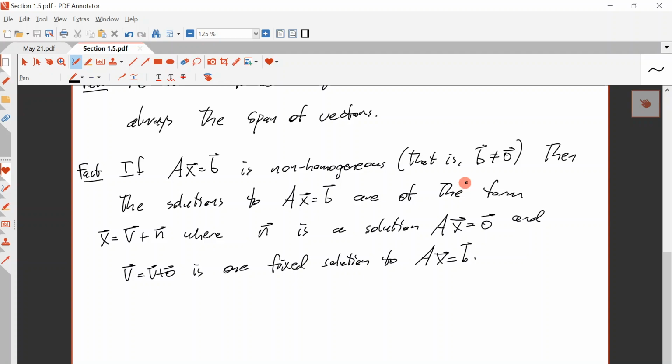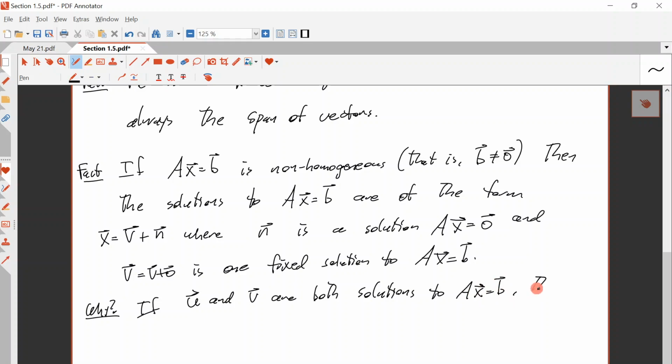And why is this the case, by the way? If u and v are both solutions to Ax equal to b, then A times (u minus v) is A times u minus A times v, which is b minus b, which is 0.